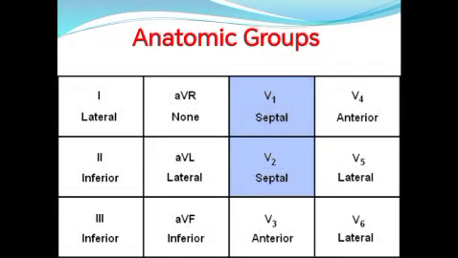Okay, go back to the anatomical groups. That means the leads facing the same anatomical site of the heart. For the septal we have leads V1 and V2. These are called the septal leads, facing the interventricular septum.